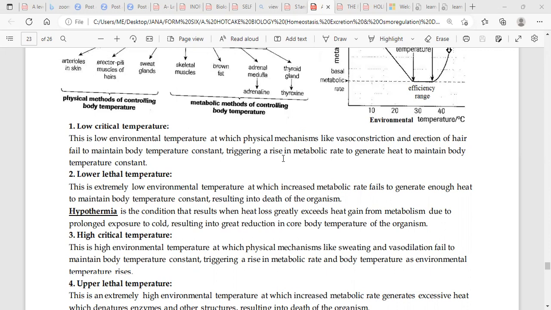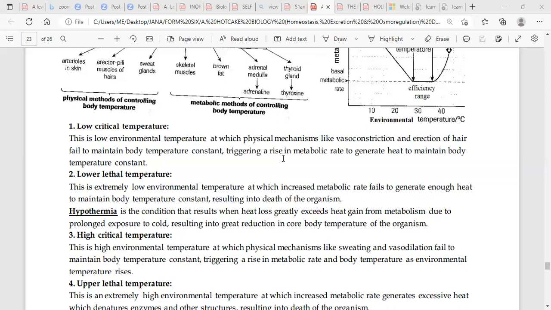Now, what does it mean? Humans or endotherms, we work in an efficient temperature range. That is the efficiency range. Still, you can survive when there is increased metabolism below the efficiency range, that is below the lower critical temperature.